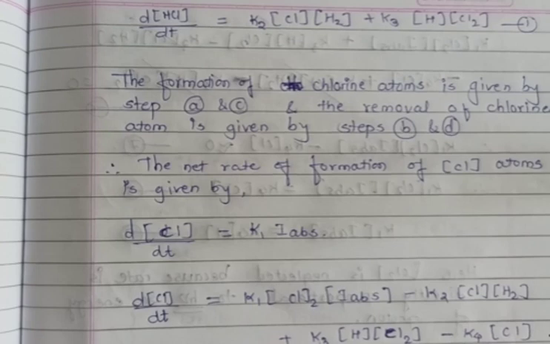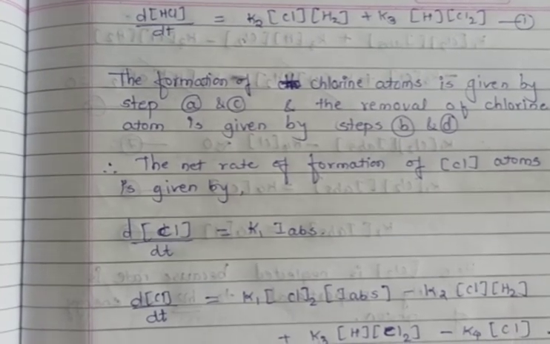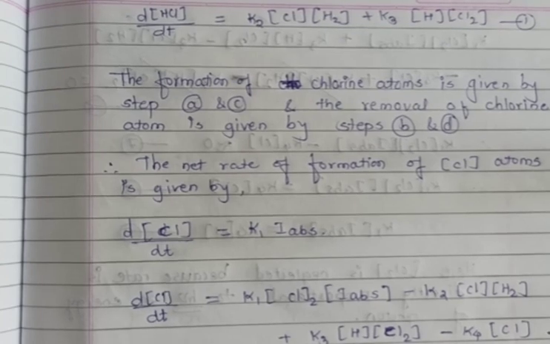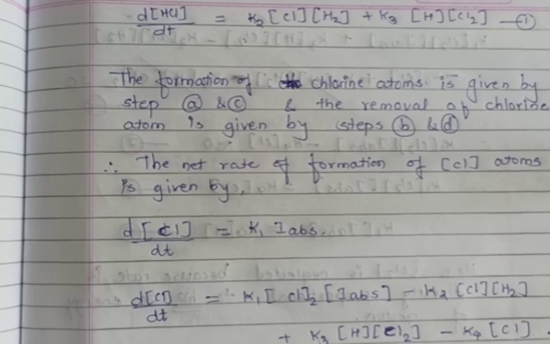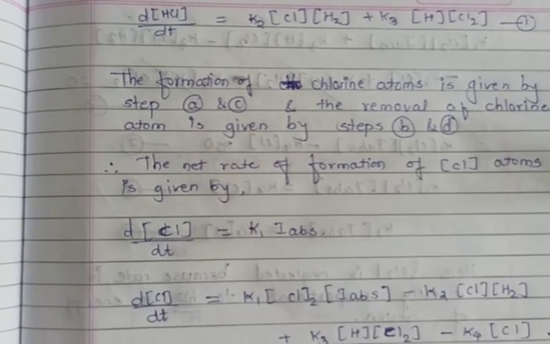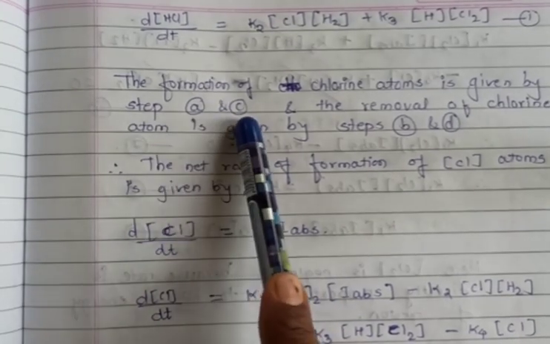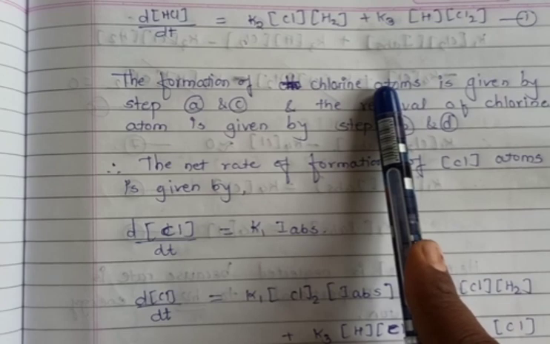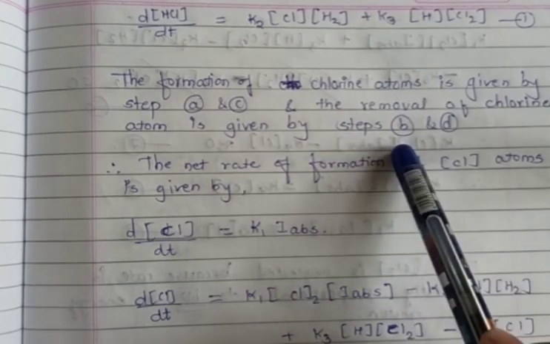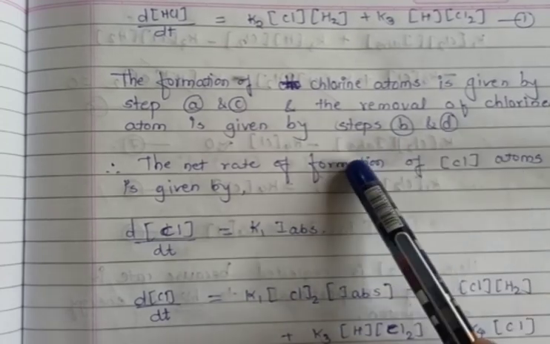The formation of chlorine atom is given by steps A and C, and the removal of chlorine atom is given by steps B and D, which are the steps A, B, C, D which I have shown you. So in steps A and C, chlorine atom is formed, and in steps B and D, chlorine atom is decomposed or removed.